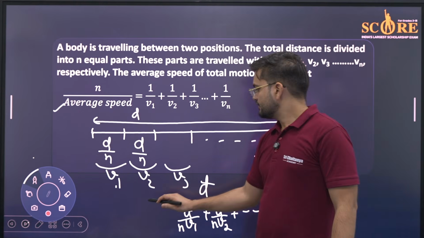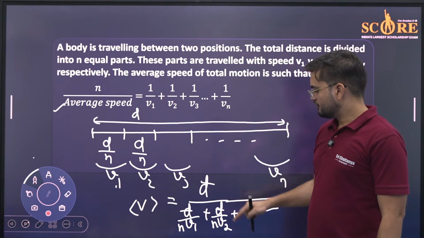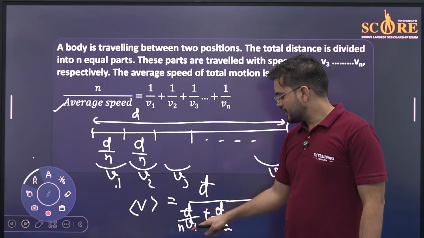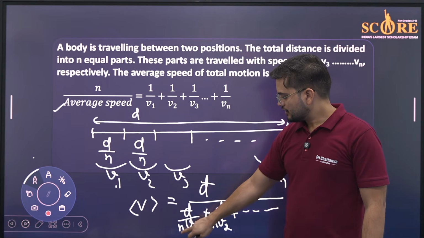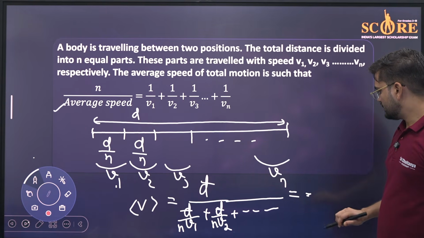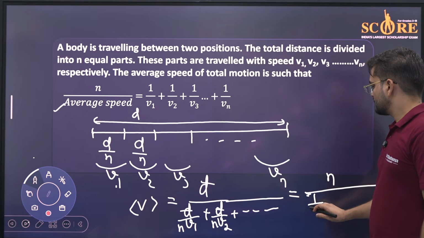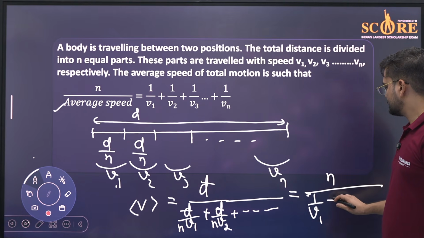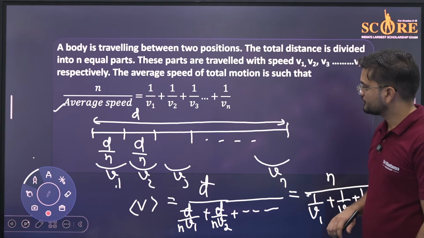V average will be n divided by 1 upon v1 plus 1 upon v2 plus 1 upon v3 and so on.